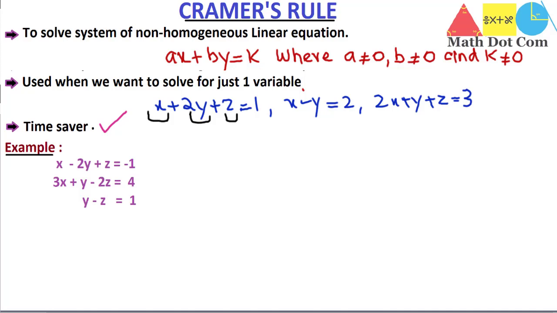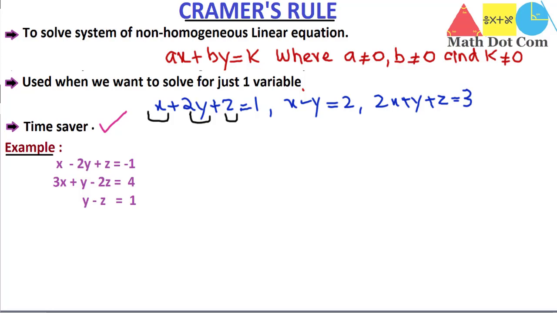If you are asked to find the value of z, or x or y, by using the other methods you have to find the value of x, y and z, all three variables, and solve all three equations at a time, and you need much time for that. But here comes Cramer's rule, and it solves your problem of solving the entire three equations for all the three variables.